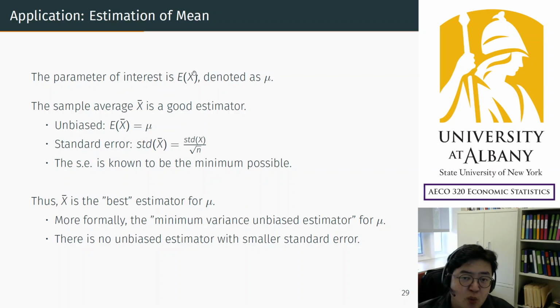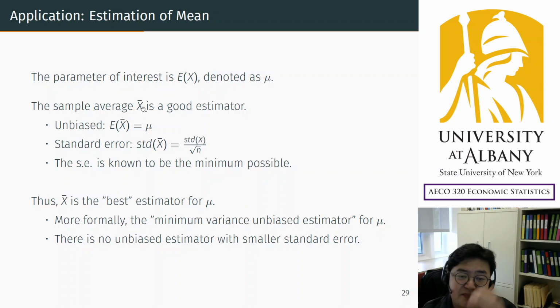If we could observe an infinite number of this random variable, then we can calculate the population expectation, which is denoted by the Greek letter mu. But of course, we can't observe infinite observations. Then how can you estimate that? Simply speaking, the conclusion is that the sample average is the best estimator, right?